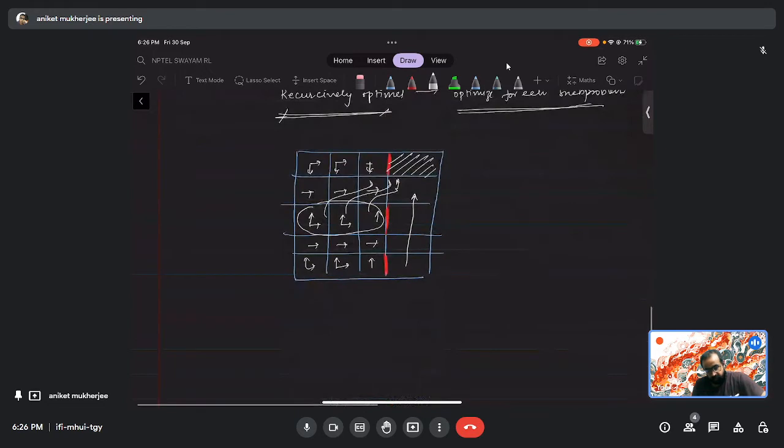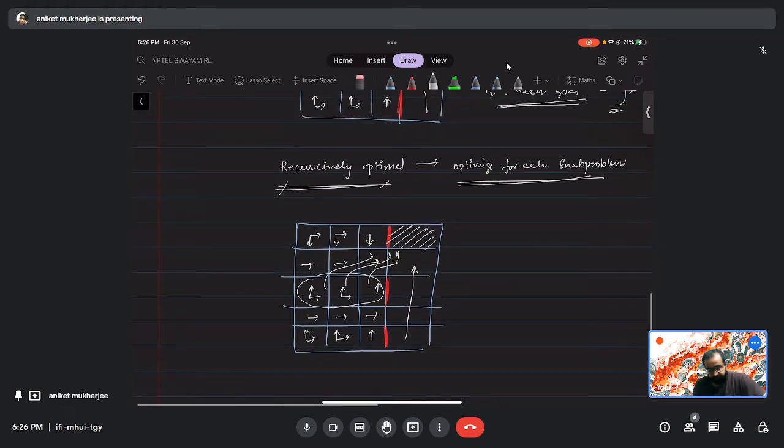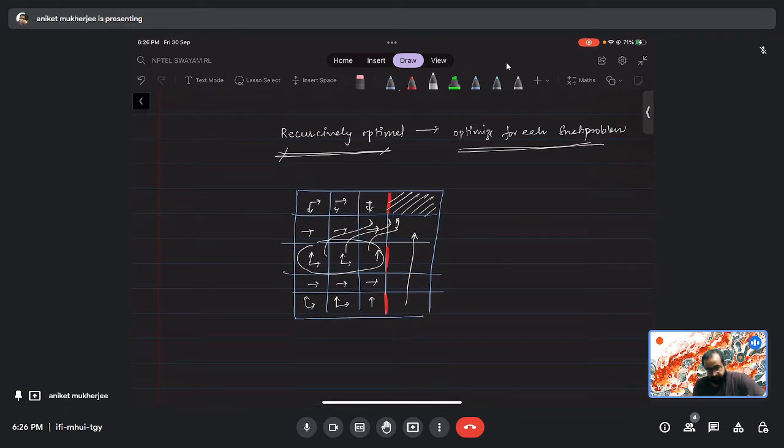So now I've generated a policy which searches through the policies that follow the hierarchy, and this is known as hierarchical optimality.